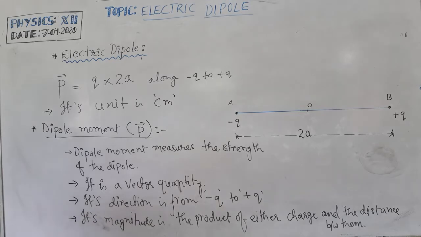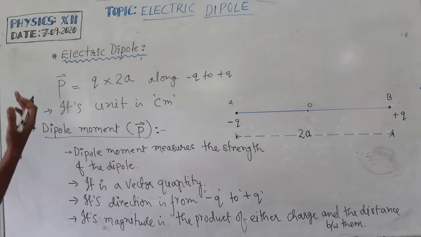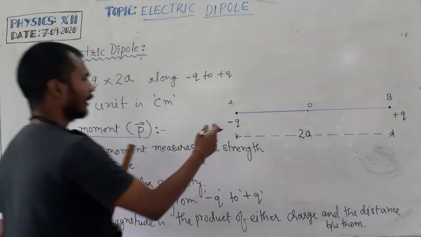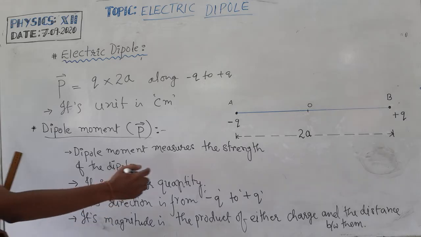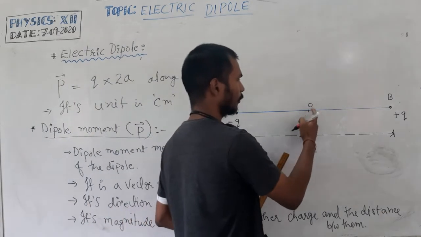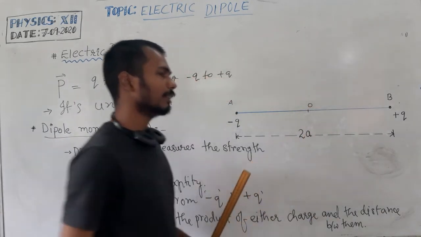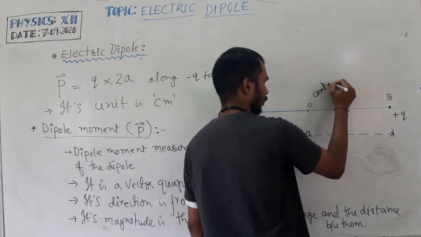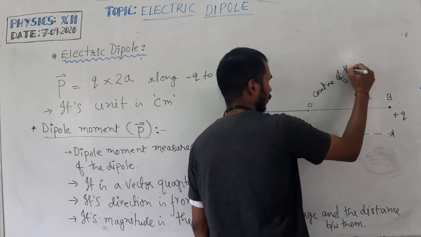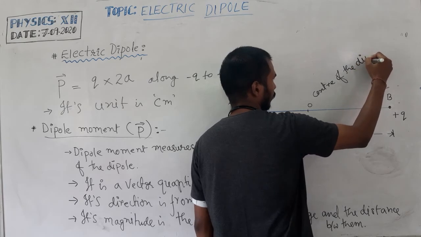The coulomb meter is the SI unit of dipole moment, and it is a vector quantity, always along A to B, from the minus charge to the plus charge. O is the center of the dipole.